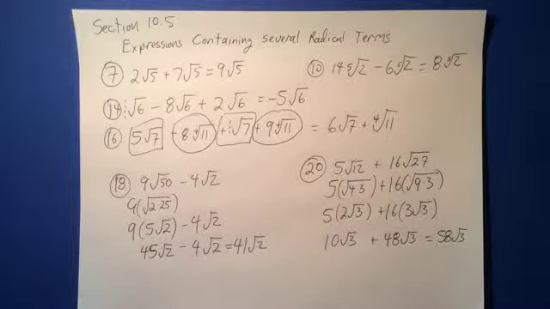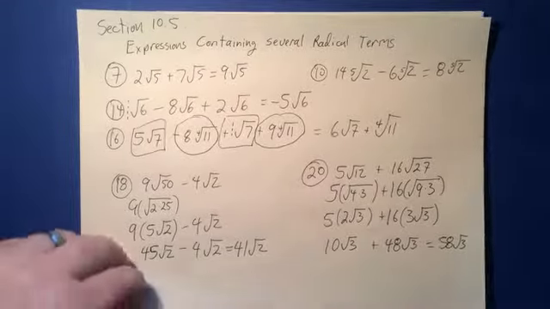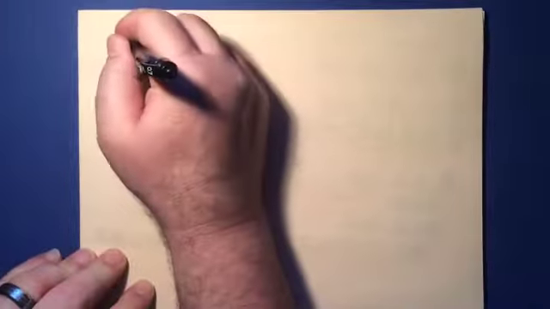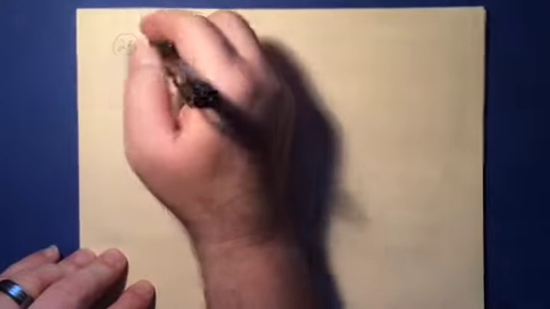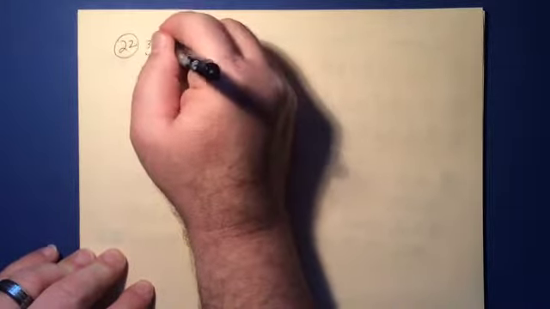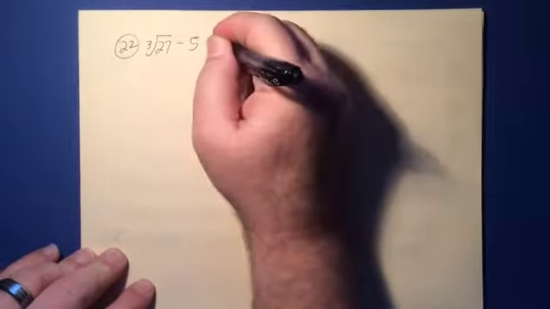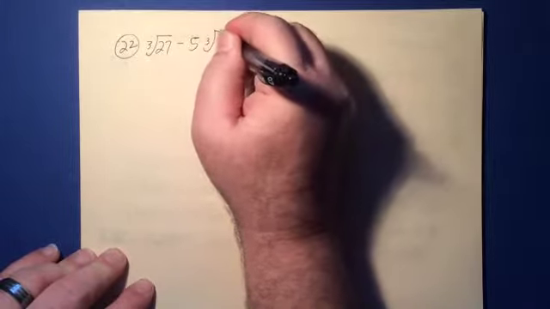So let's go ahead and work out a few more questions. That'll probably be a little more challenging at this level. Let's take a look now at question 22. This is going to be the third root of 27 minus 5 times the third root of 8.